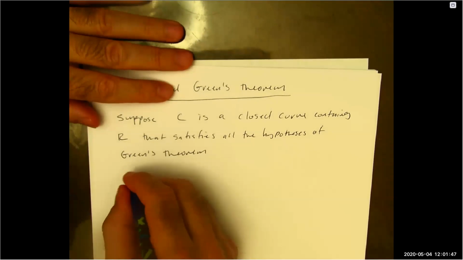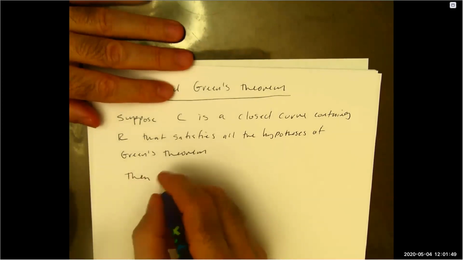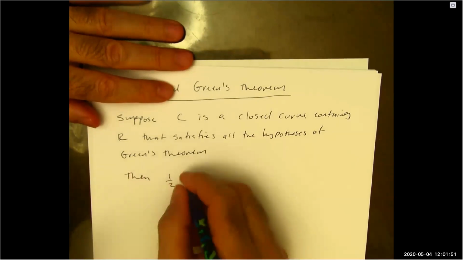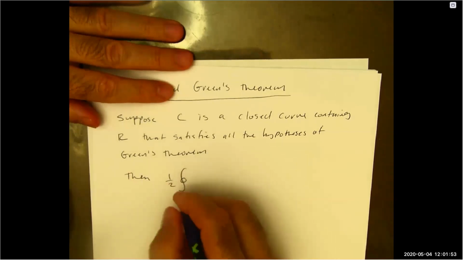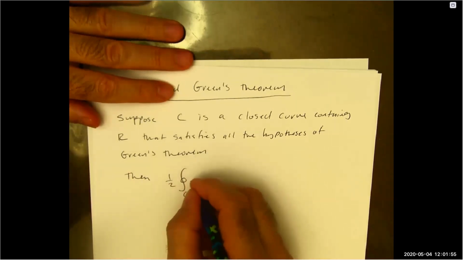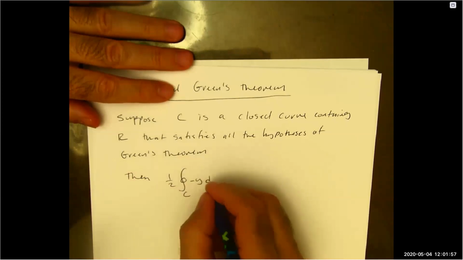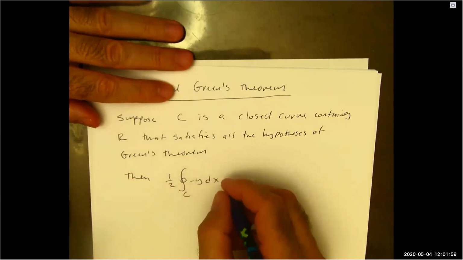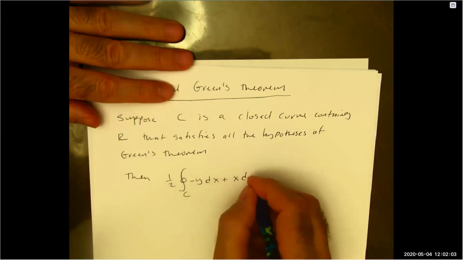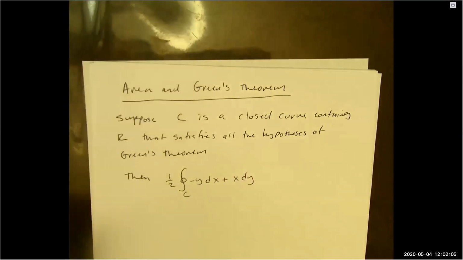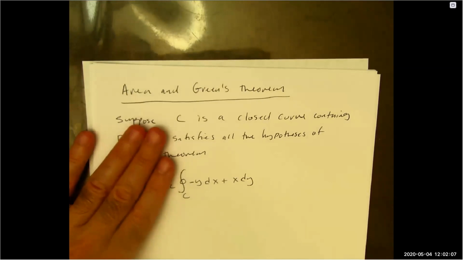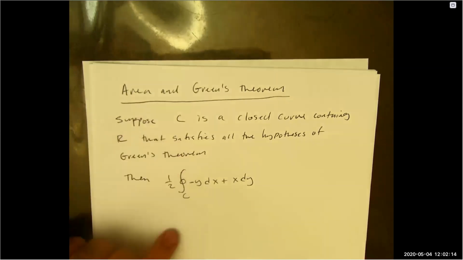Then if we look at this integral, this is basically the work that the circulation vector field would do around this closed curve, half of that work.